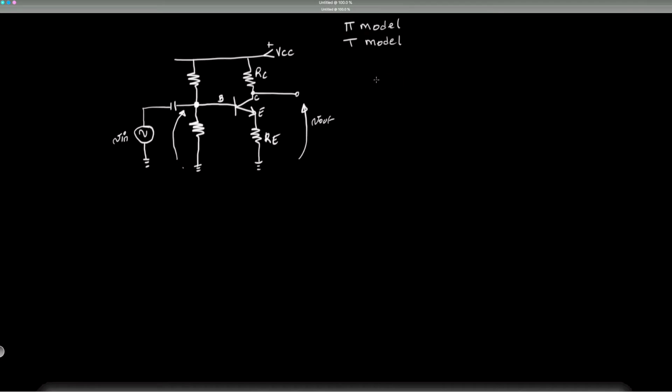Okay, so let's start with the pi model. And remember, this time, we will consider RE unbypassed. Let's start from the left all the way up to the right.